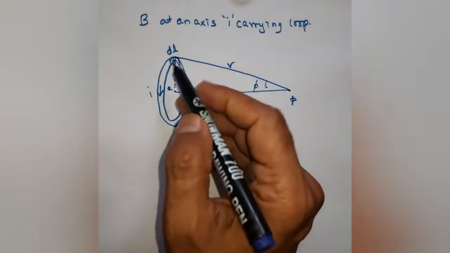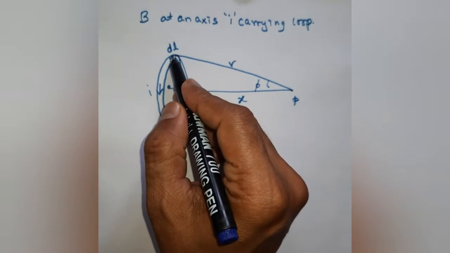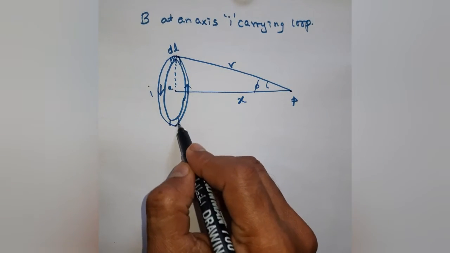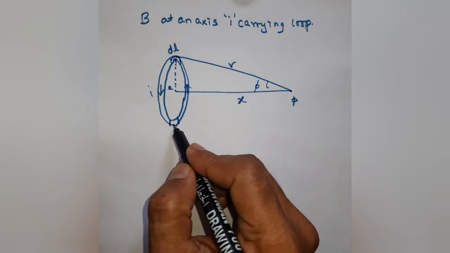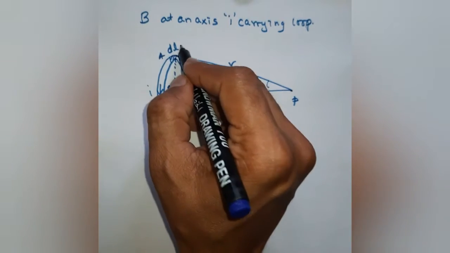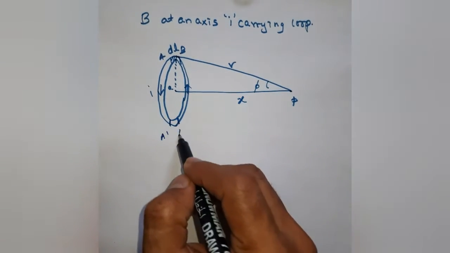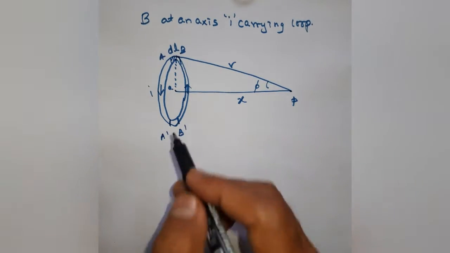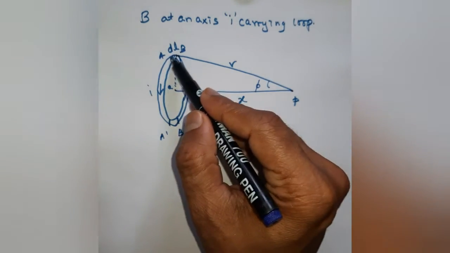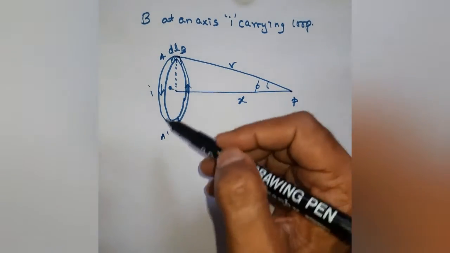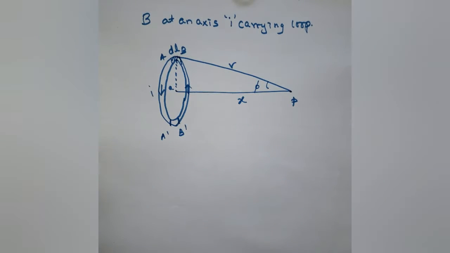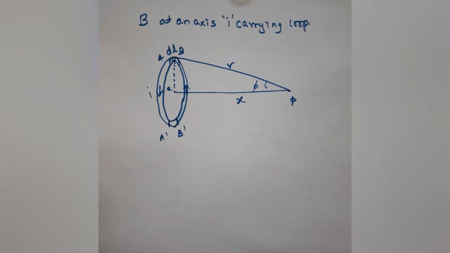We can take one small element over here and another small element at this end. Let's call this AB, and here A dash B dash. We will first find the field due to these small elements, and then integrate to find the magnetic field due to the whole loop.